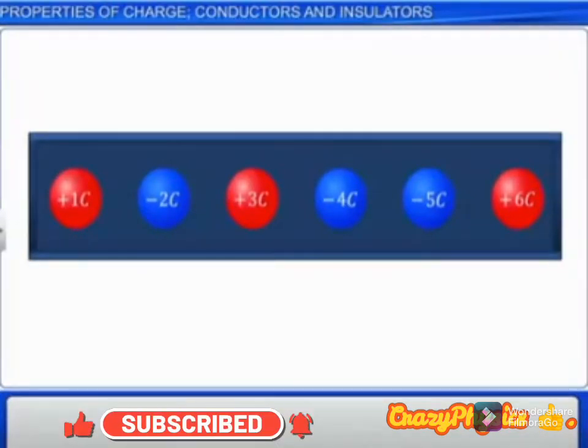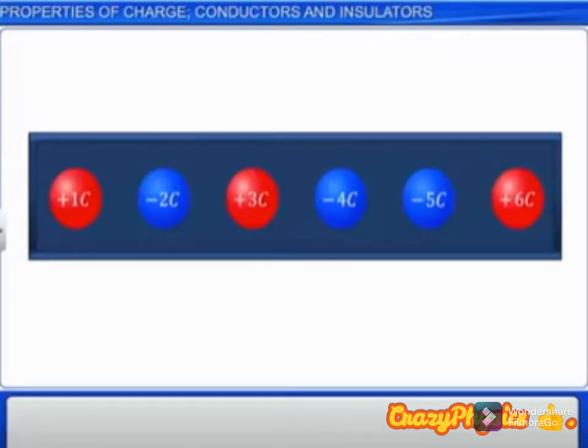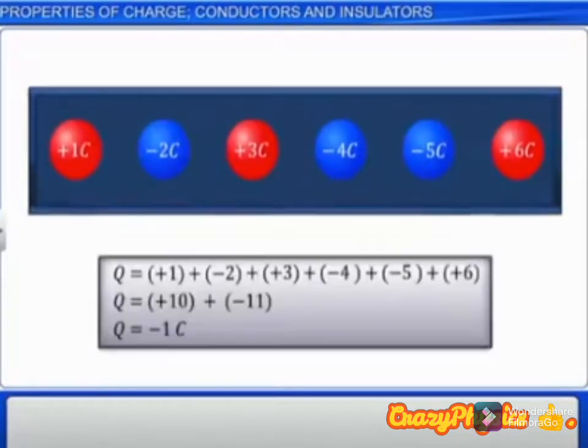For example, if a body is given 6 charges, all in Coulomb, say +1, -2, +3, -4, -5, +6, the algebraic sum would be -1 Coulomb, which means it is a negatively charged body.